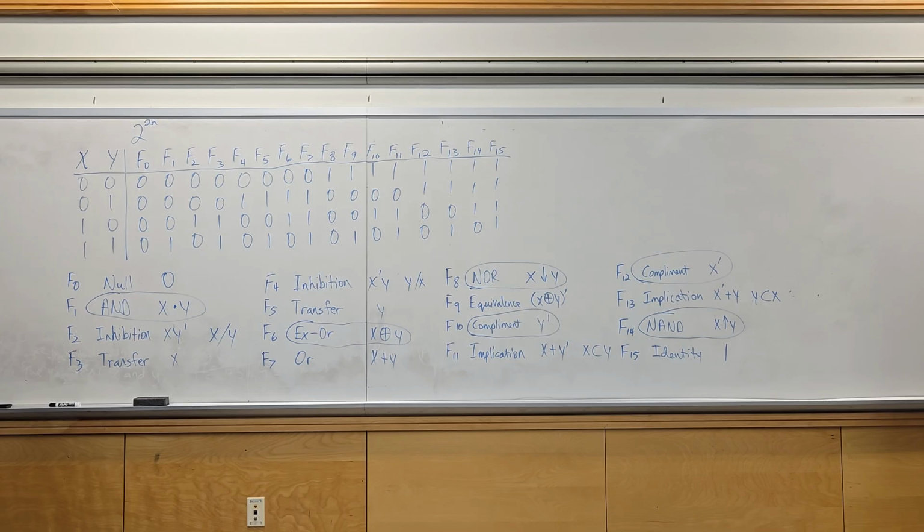Yes? I'm sorry? This is all the functions with 2 input variables. Yeah. I'm sorry? Oh, that's the state tables for each of the functions. Am I not getting the question?